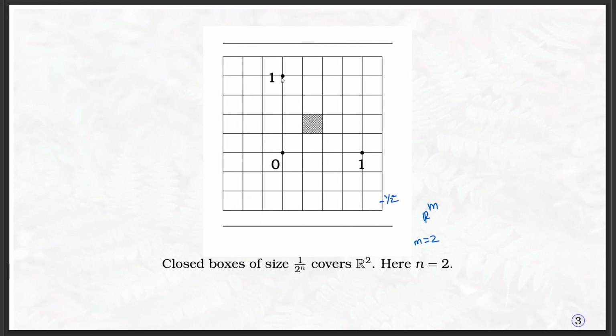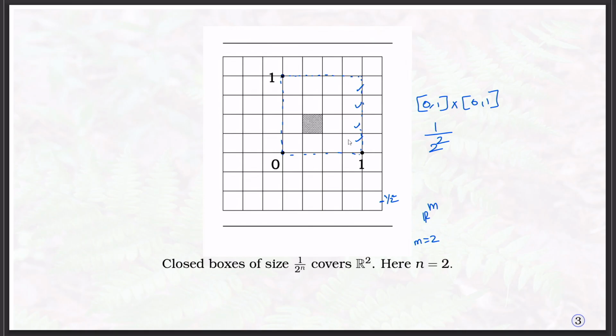If we consider the unit box, 0,1 cross 0,1, and we take 1 by 2 power 2 as the side length, then we need 4 boxes on a side, 1, 2, 3, 4 boxes, to cover this unit square.